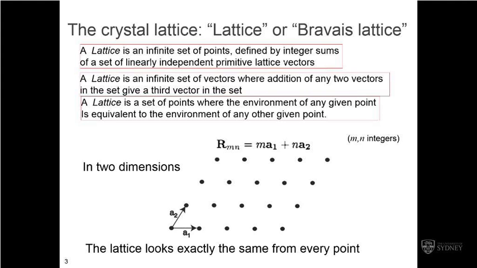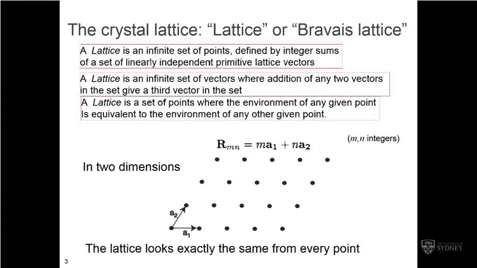You can think of it as an infinite set of points defined by integer sums of a set of linearly independent primitive lattice vectors, which is a bit of a mouthful, or as an infinite set of vectors where the addition of 2 will always give you a third that's in the set, or as a set of points where the environment at any given point is exactly the same as at any other point.